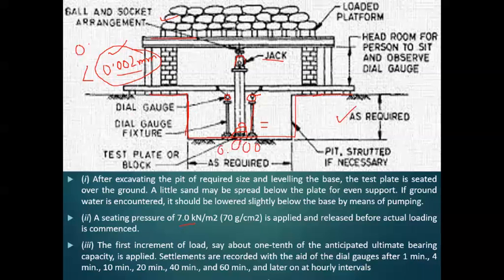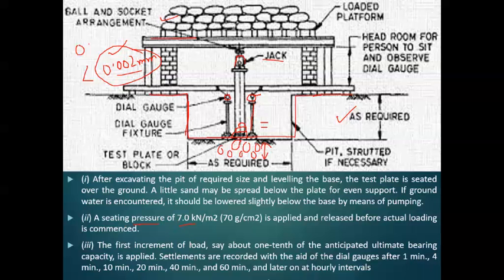The voids are there, so the soil is not ready to take the load as per our requirement. In order to close all the air voids, we need a minimum or standard pressure. This pressure is called the seating pressure, which closes all those air pockets and makes the soil ready before taking the actual load.